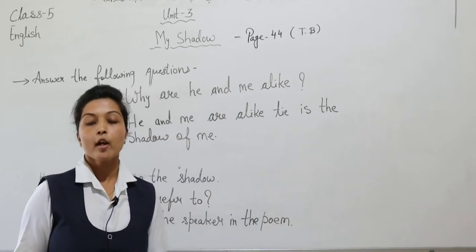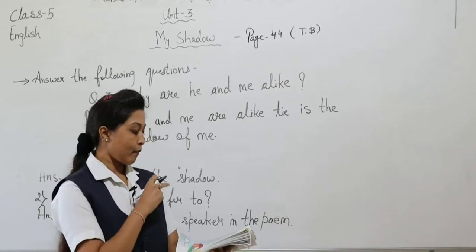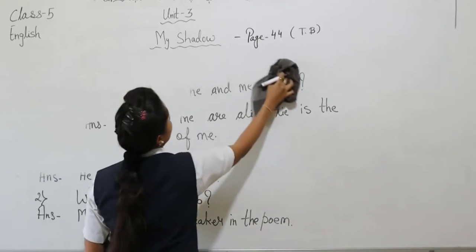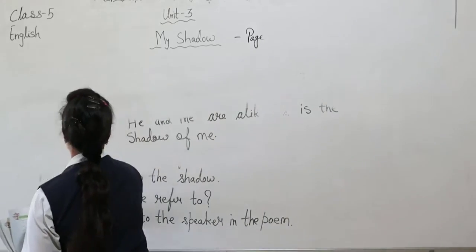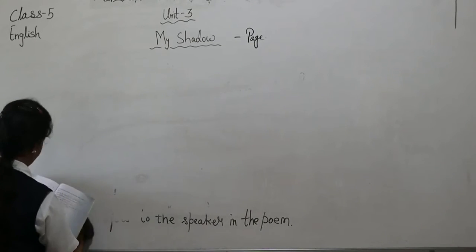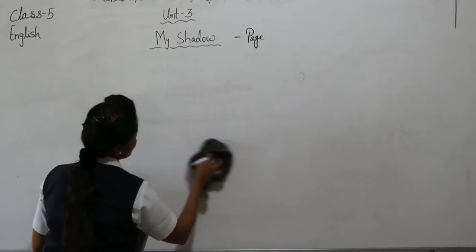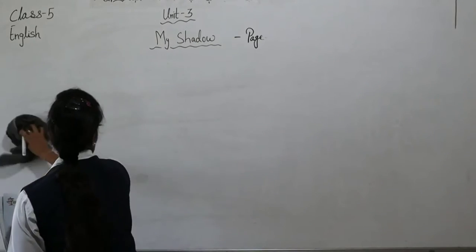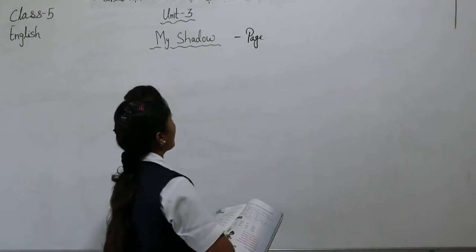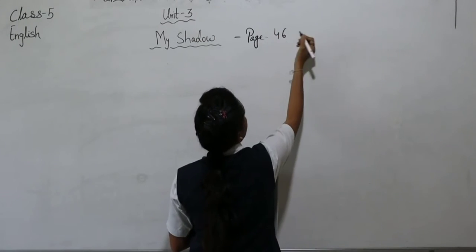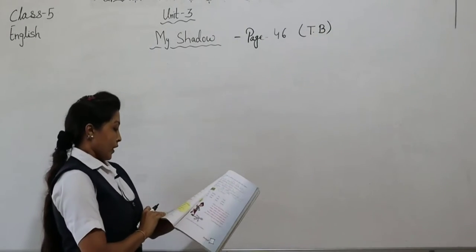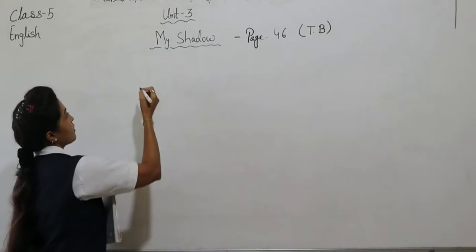Students, you have to write down this part with me as I am writing on the board. Open your textbook to page 46 and keep it with you so you can also understand the concept properly and write down with me.